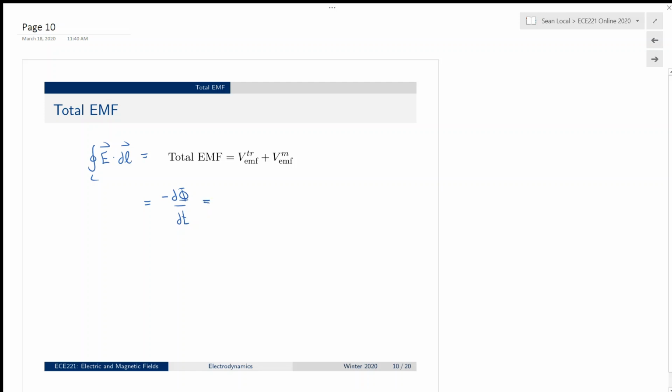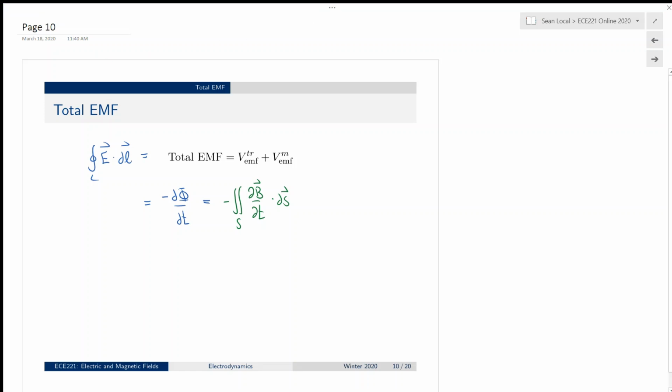And the right-hand side can be broken down into our transformer EMF. So let's just substitute in the expressions that we had previously for that. The transformer EMF is minus the surface integral of the partial derivative of B with respect to time. That was our expression for transformer EMF.